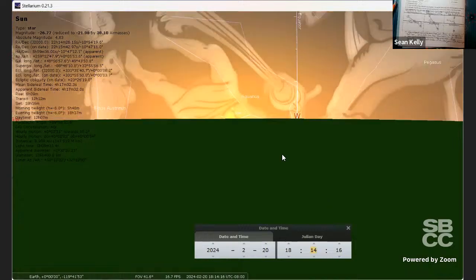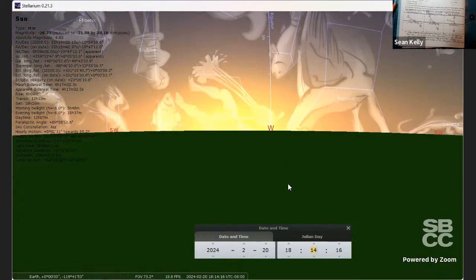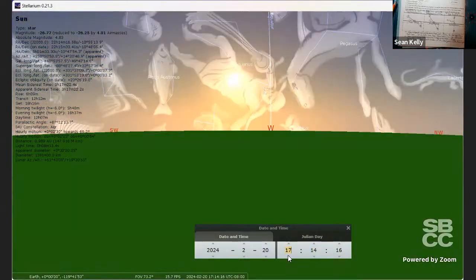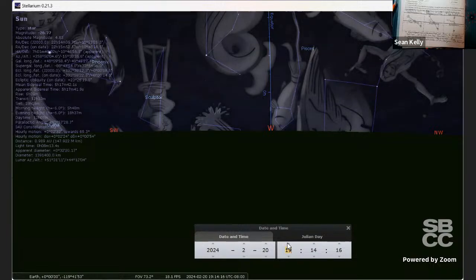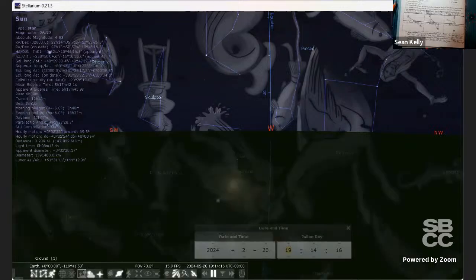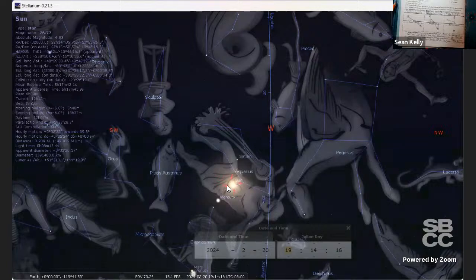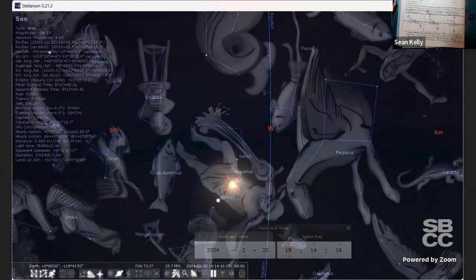This is the sunset. This is 1 hour before sunset. One hour after sunset is actually pretty dark already. And the reason is that the sun is below the horizon, here it is, 15 degrees below the horizon, approximately.